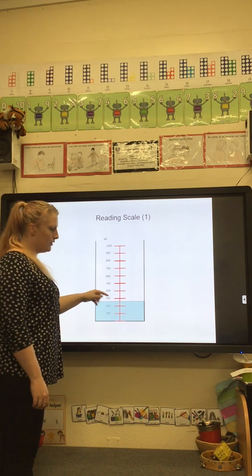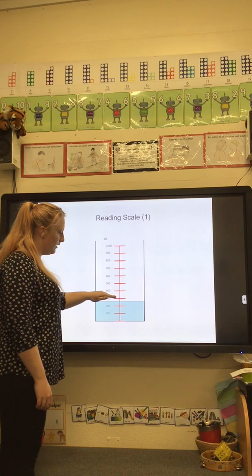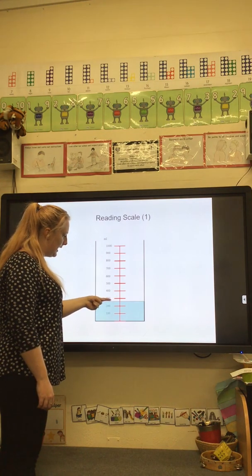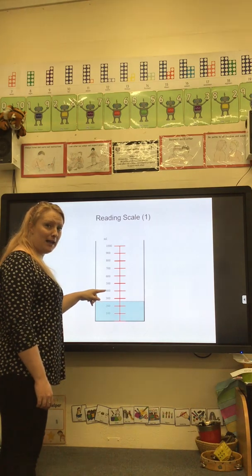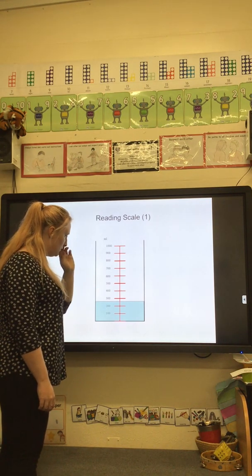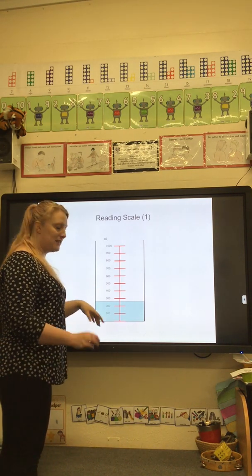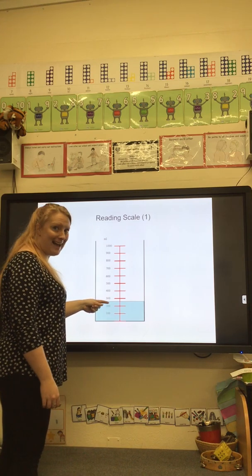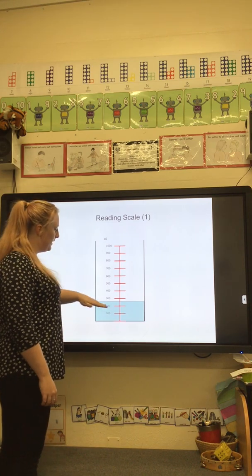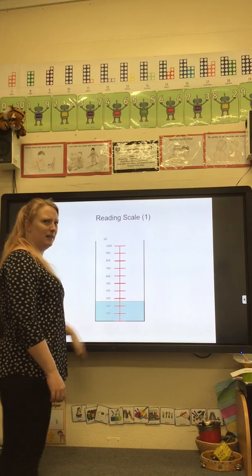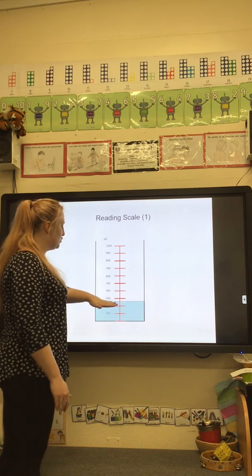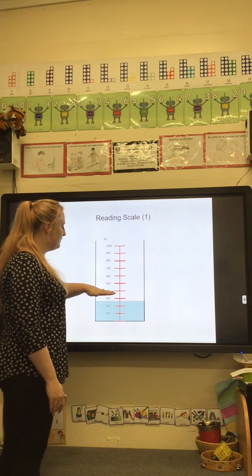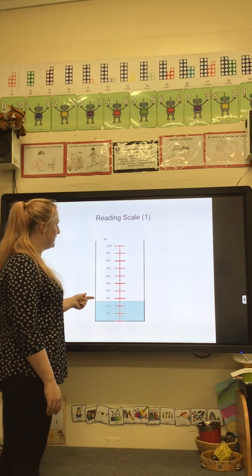It's not 300 because that would be too high and the liquid only comes to here. So it's 200 and it's halfway. So halfway between 200 and 300 would be the 50. So 200 and 50. And that's our middle measurement. It's a bit trickier when we get to ones that aren't touching the line. But 250 is our answer for this one.